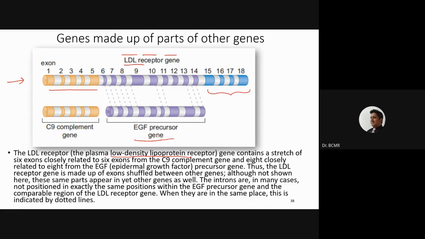One gene is made up of different parts of other genes, and that is only possible if recombination happened within the intronic regions, right? Here is the border, and in intronic regions you now have combinations of exons.